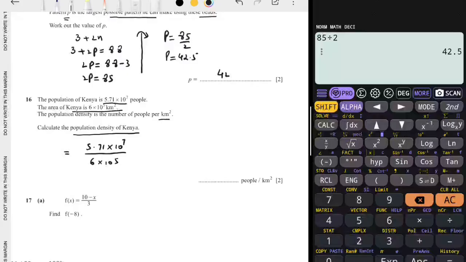So 5.71 divided by 6 will be 0.95166 times 10 raised to the power 2. We are going to subtract 5 from 7.